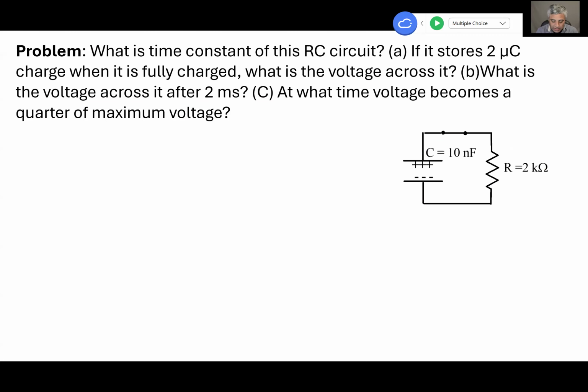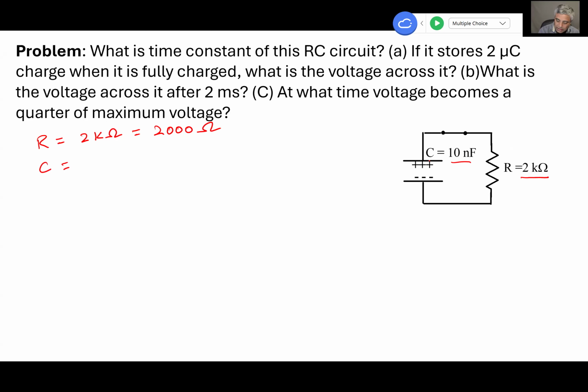So over here, there is a question related to that. It says, what is the time constant of this circuit? R and C are given, so we should be able to figure that out, right? R is 2 kilo ohm. Kilo means 1,000, so 2,000 ohm.